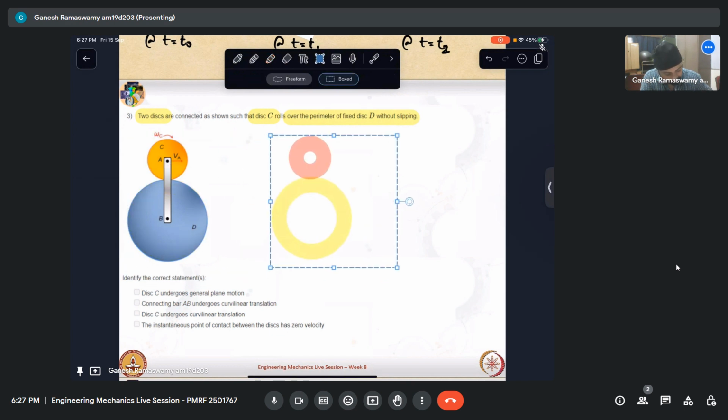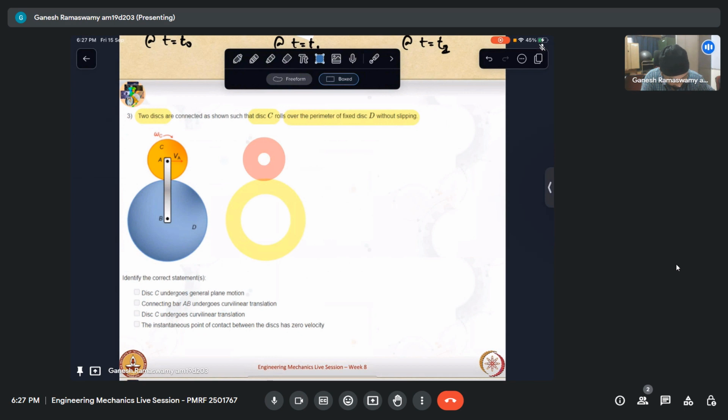So at time t equal to t naught, it is like that. And let me mark 2 points here, black and green. So this is at time t equal to t naught.